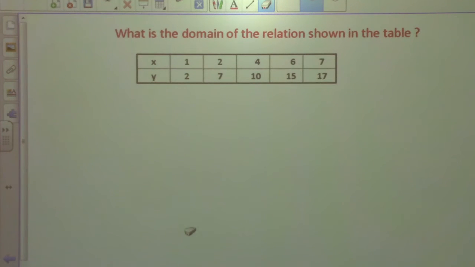Okay, next, what is the domain of the relation shown in the table? So go ahead and piece that together.